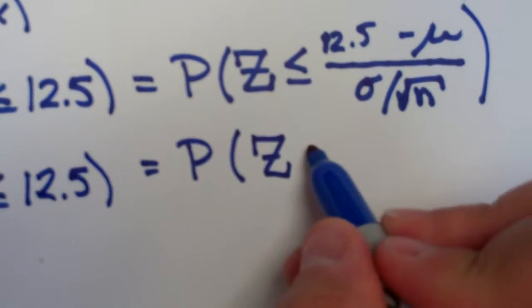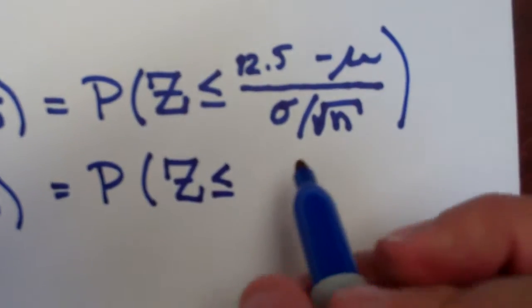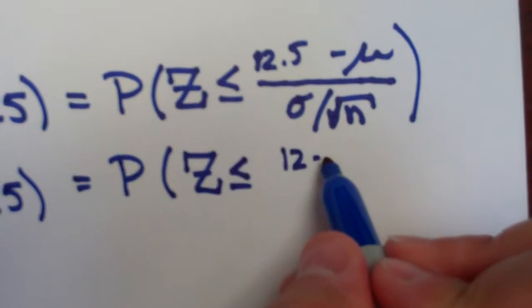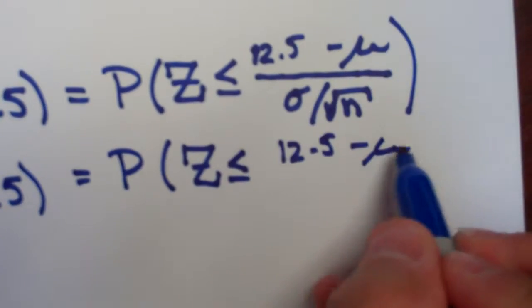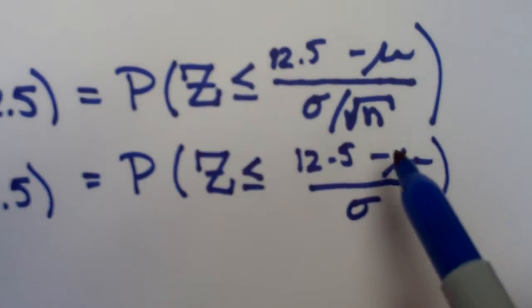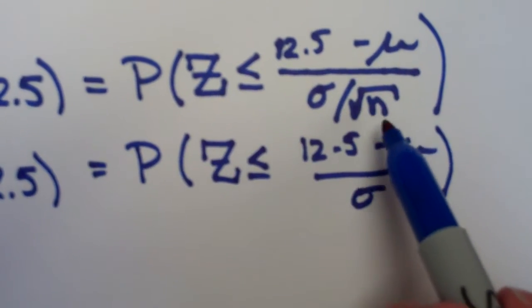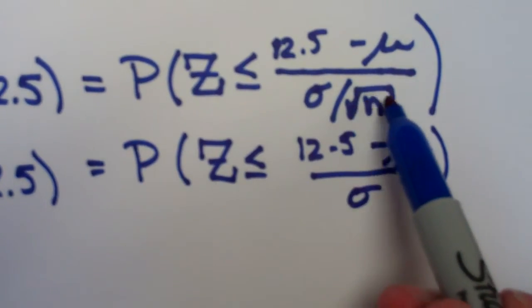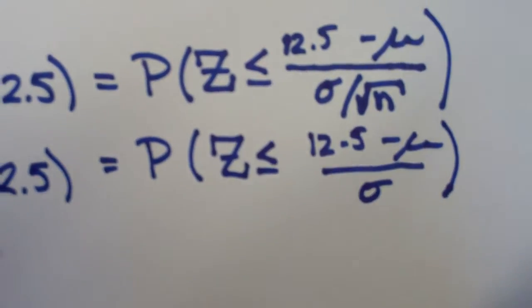We still transform to a standard normal random variable in terms of z, but now our denominator would only be sigma, because we're looking at one value. We wouldn't need the square root of n. If we did include a sample size of 1, the square root of 1 is 1, and so we end up with this expression anyway.